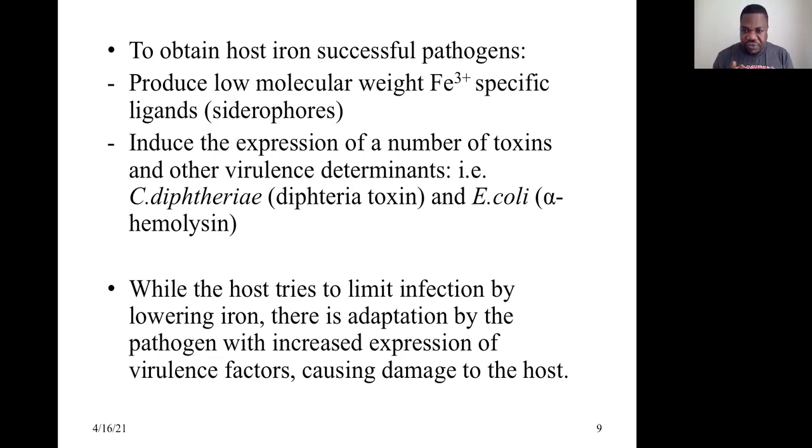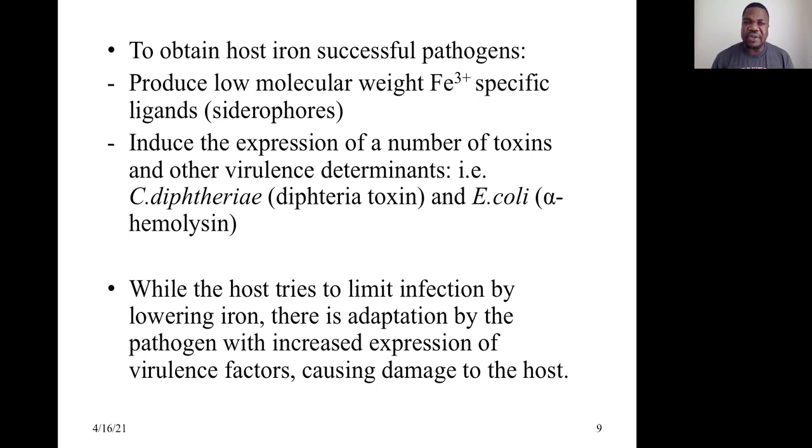Those have a low molecular weight and are iron-specific ligands. They have more affinity for iron than the iron binding proteins from the human host.